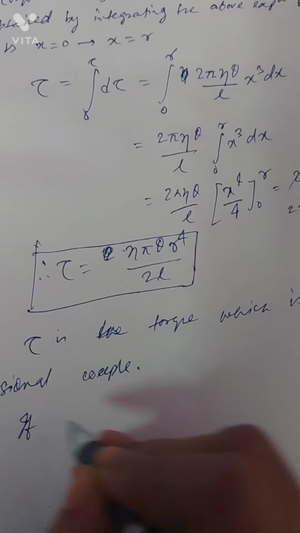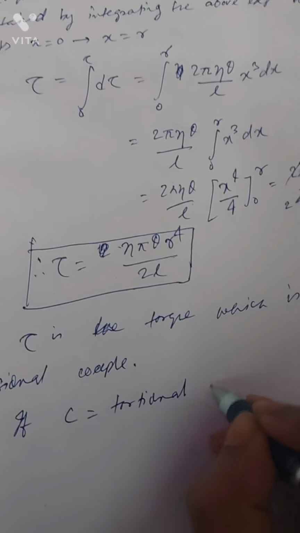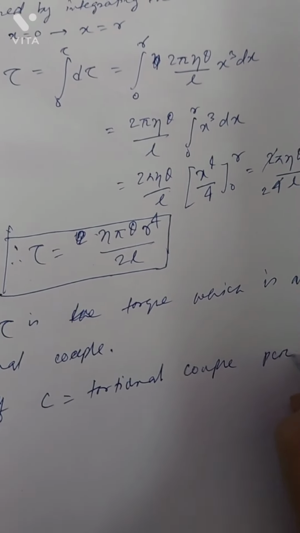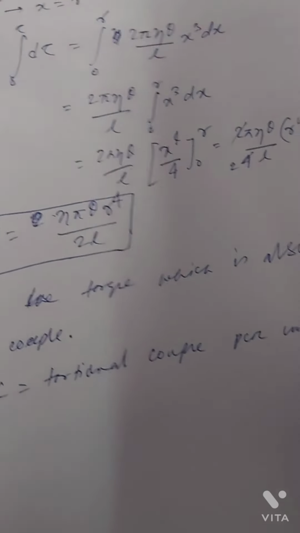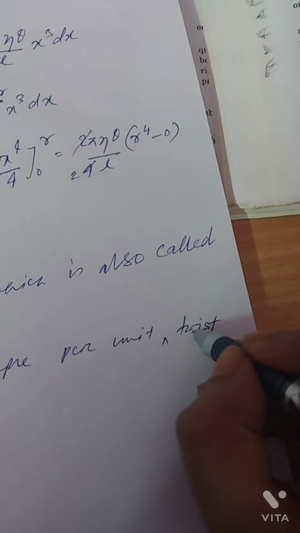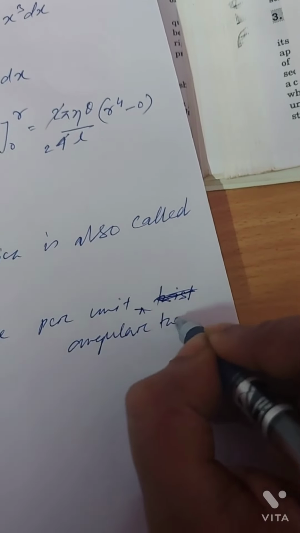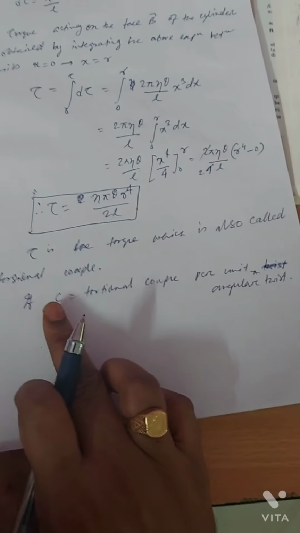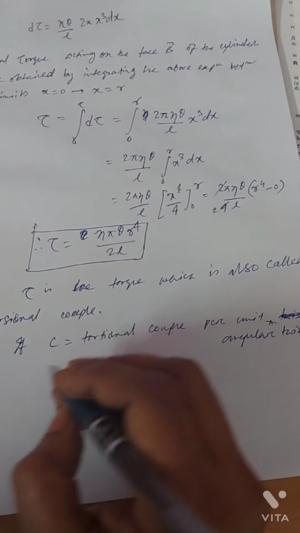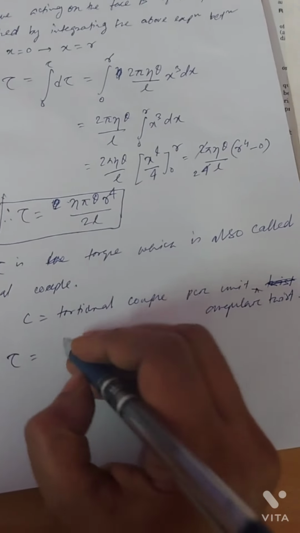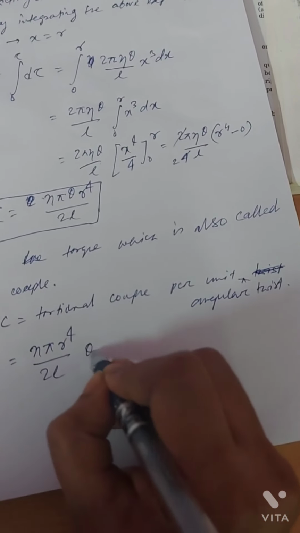So if C is the torsional couple per unit angular twist and T is the total torque, then torque can be written as n pi r to the power 4 by twice L into theta.